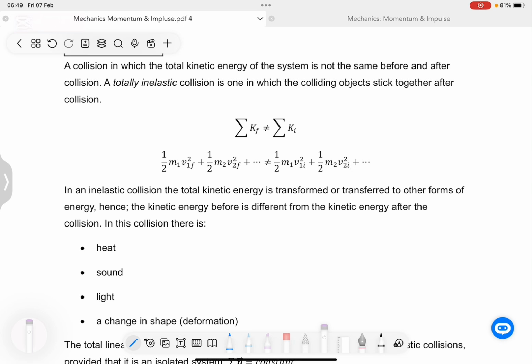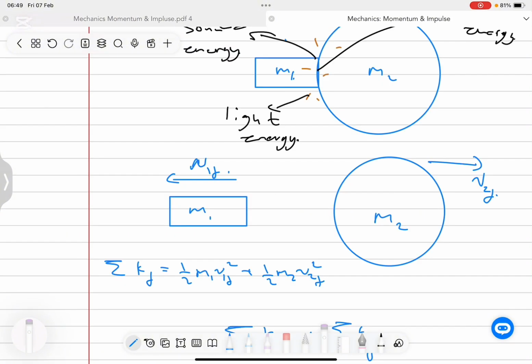Now, the other thing that I wanted to mention here is that sometimes we have what we call a totally inelastic collision. This is a type of collision where objects collide and stick together. After collision, they stick together, and we've seen these types of collisions in our examples above, and also when we explained the law of conservation of energy. Objects sometimes collide and stick together.